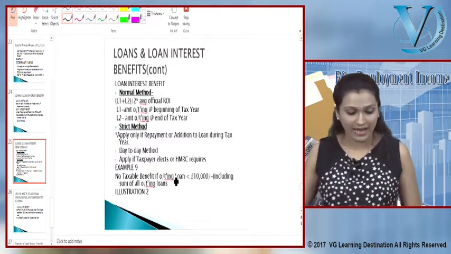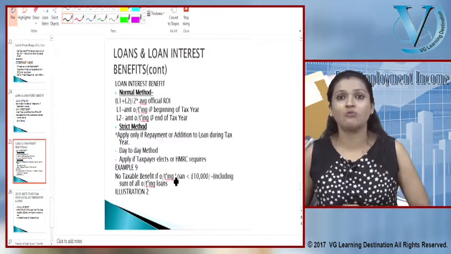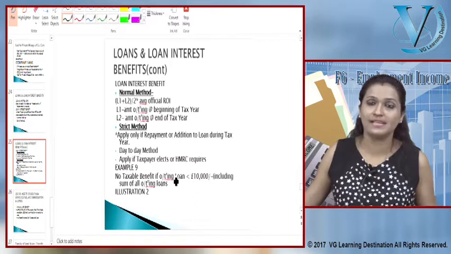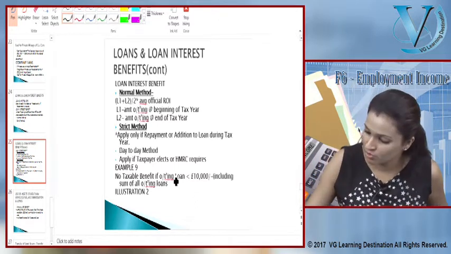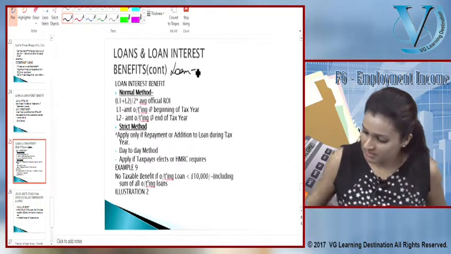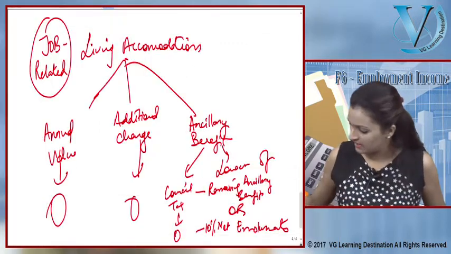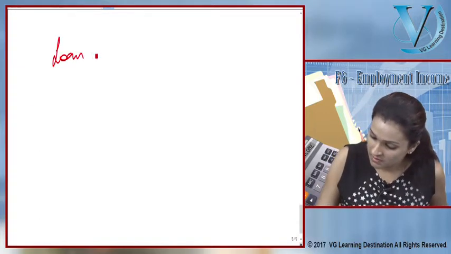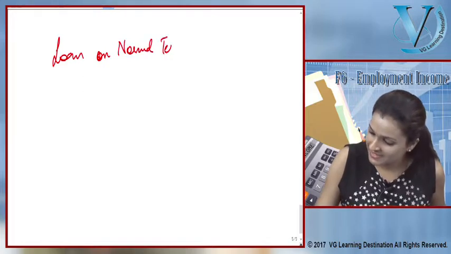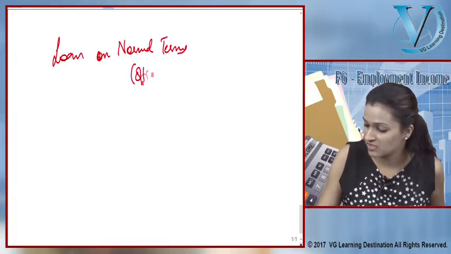So let's have a look at an example and find out how we basically calculate this benefit of loan interest. Now, loan has been given to you. Let me just make the notes for you quickly here. So loan on normal terms, which basically means official rate of interest.